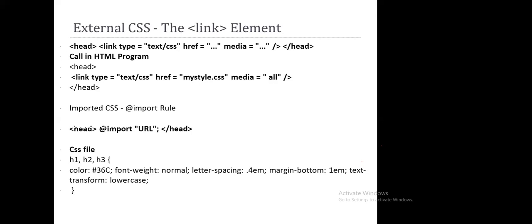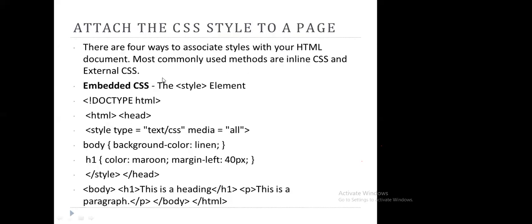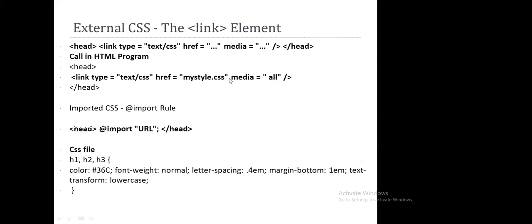Your website may be made of 5 or 10 pages, so everywhere you can refer to that file. How to refer? In the head section, link tag, type text/css, even if you don't use this, just href my style.css. The file type is .css.